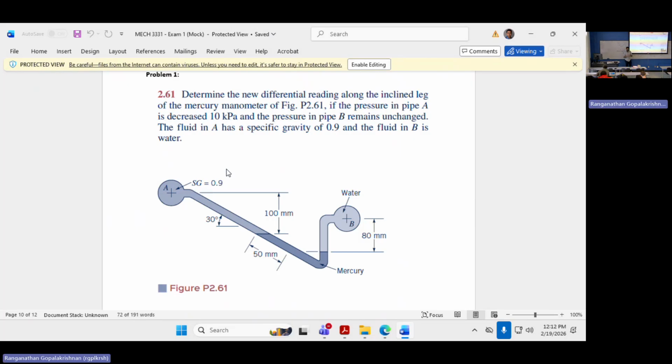Here it just gives the length along the pipe. So if you convert all lengths measured along the pipe to verticals, then you don't care about the angle.